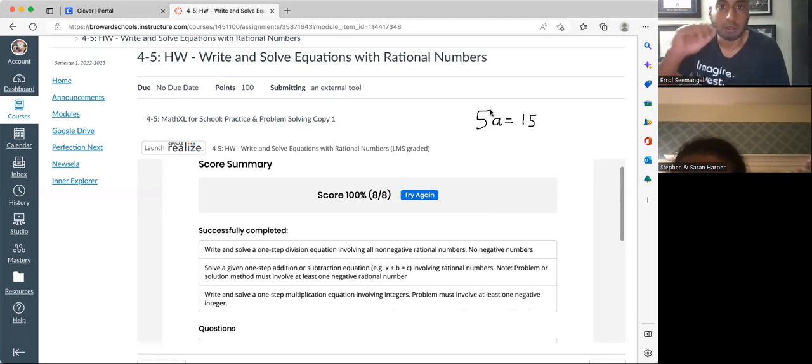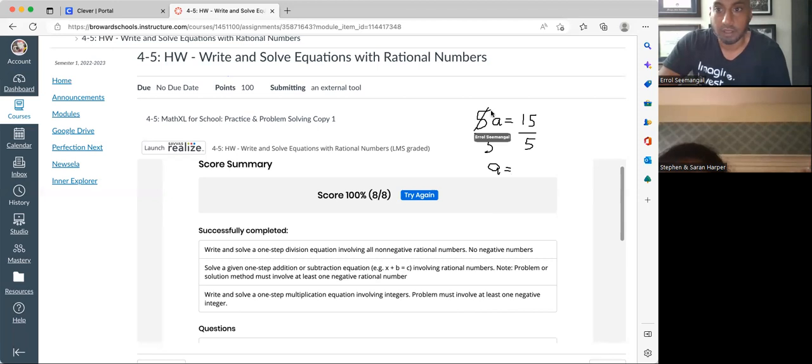Okay, this is how we solve for the variable. We find the coefficient and we divide both sides by the coefficient. So the coefficients cancel, and a equals 15 over 5, which is 3.